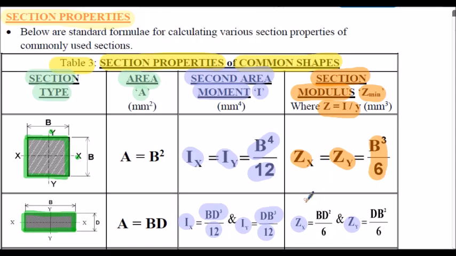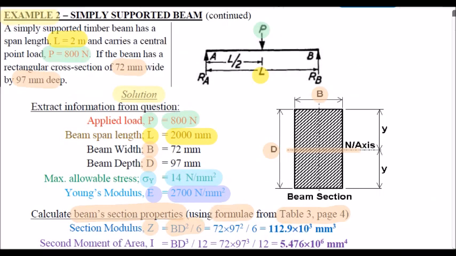Here's our Z about the x-axis, BD squared upon 6 from table 3 here. So inserting the values, the B is 72, the D is 97, which we square, divide that by 6. So 112.9 times 10 to the 3 millimeters cubed is our Z value about the XX axis. So that's the section modulus for the timber beam here.